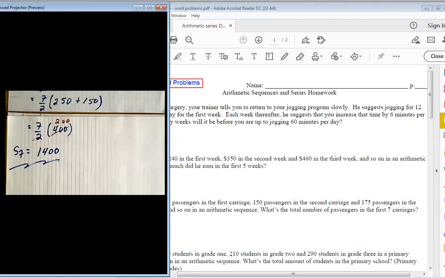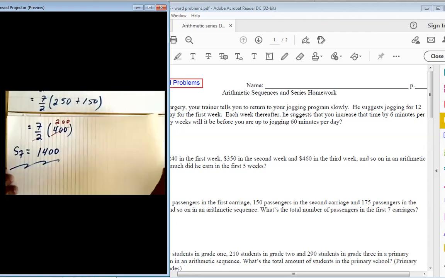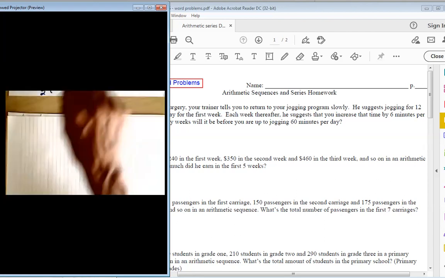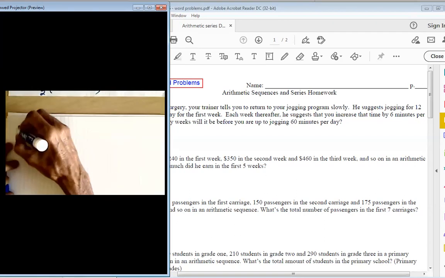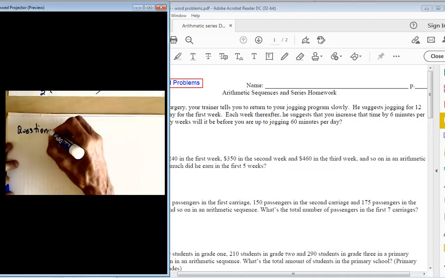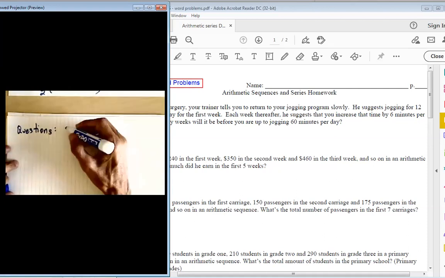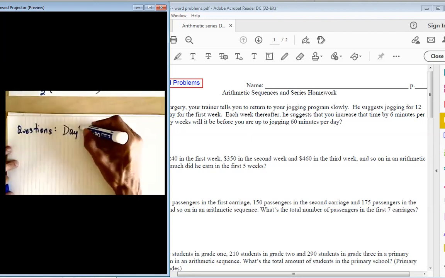Okay. From class, we got a question from the homework. Which one? I'll make a list. Which one from class here? Yes, that's okay. This is day 33, right?